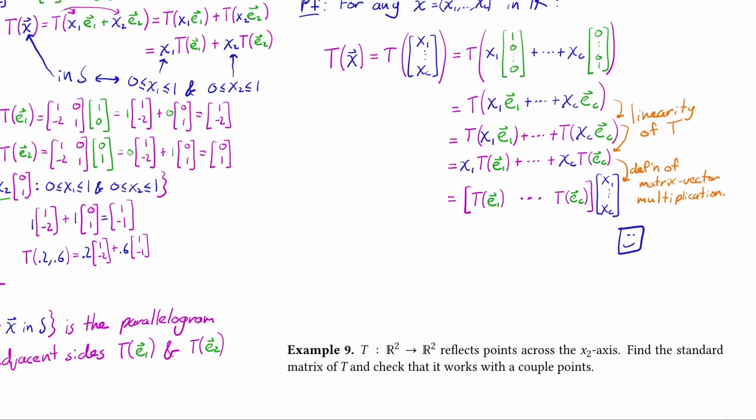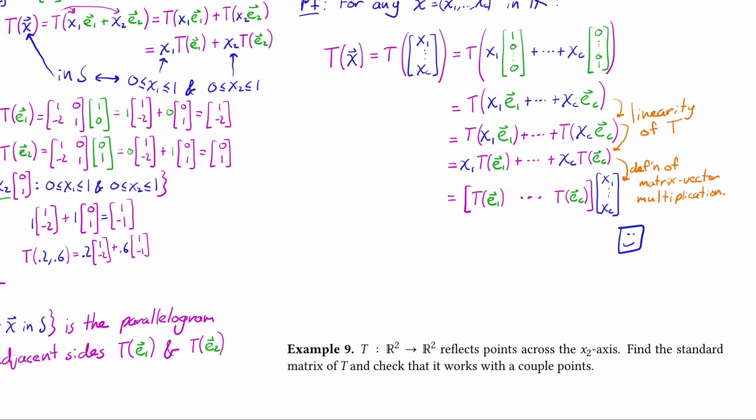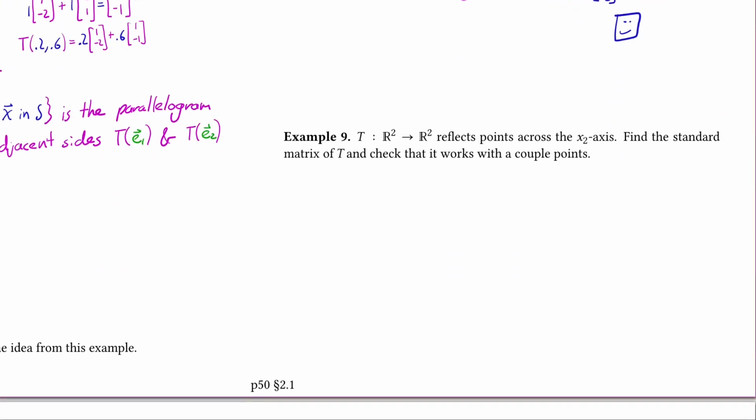All right, let's look at example 9. T from R2 to R2 reflects points across the x2 axis. Find the standard matrix of T and check that it works with a couple points.